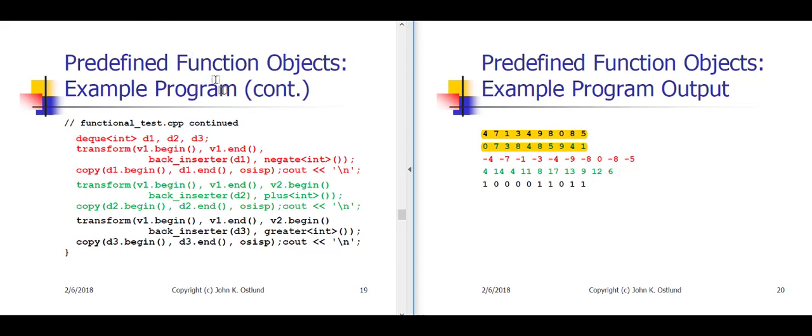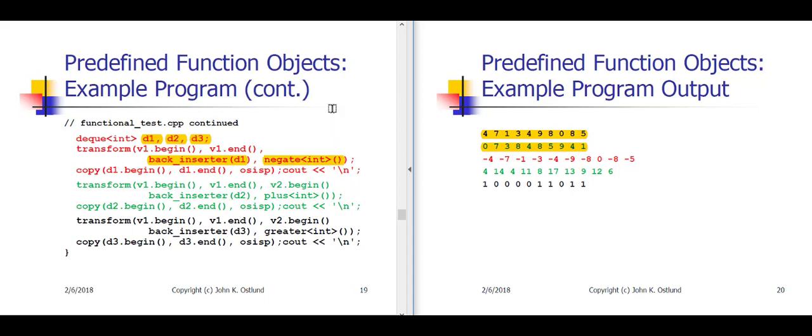Okay, so in the second half of our program here on slide 19, I have three empty deques of ints, d1, d2, d3, and into d1 I'm going to use this back inserter to insert values reading from v1 and negating each one of those values.